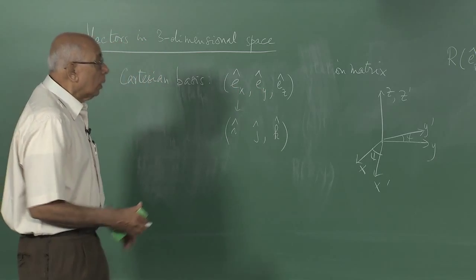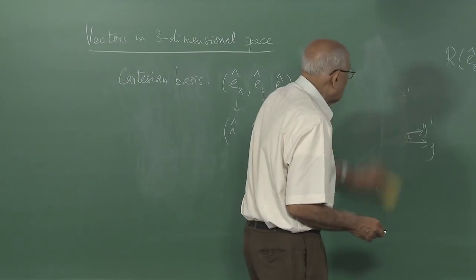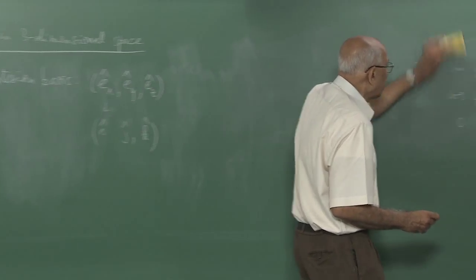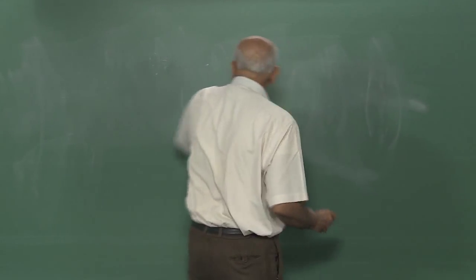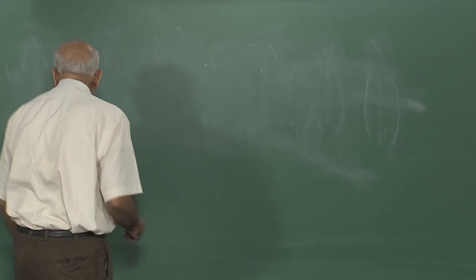Okay. Now we also define what is called a scalar product or dot product between 2 vectors, and that was a scalar because of the following reason.